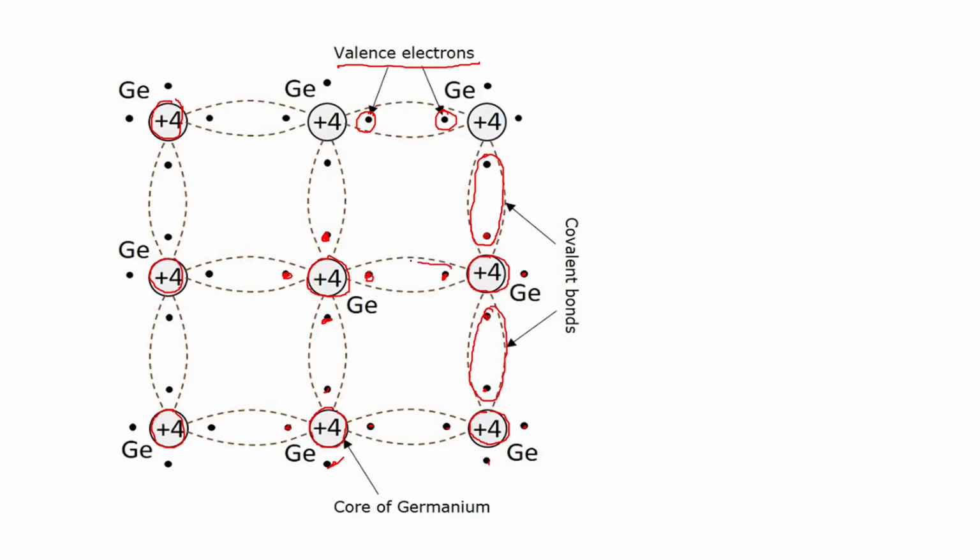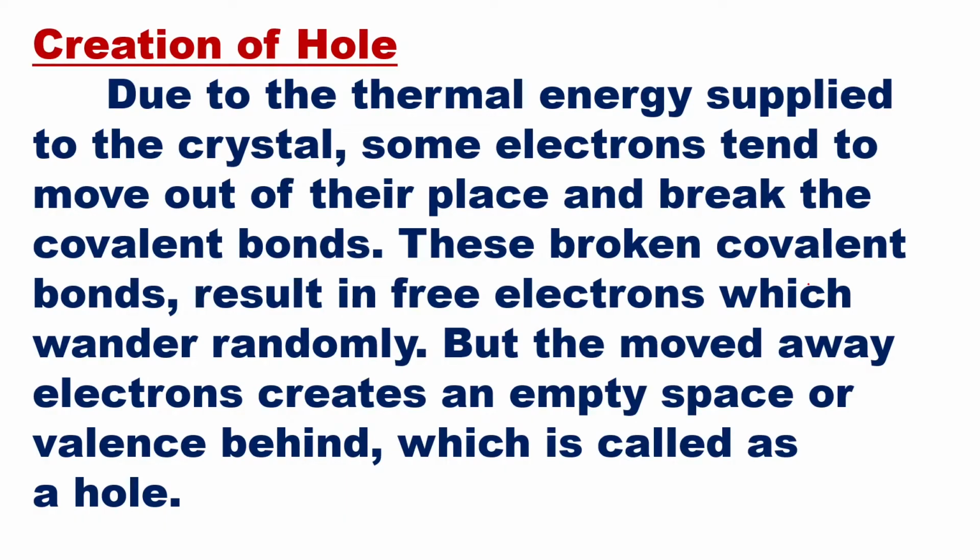Here also you can see there is a bonding. So this bonding is called covalent bonding. Okay. Next we'll see what is the meaning of a hole in the concept of semiconductors current conduction.